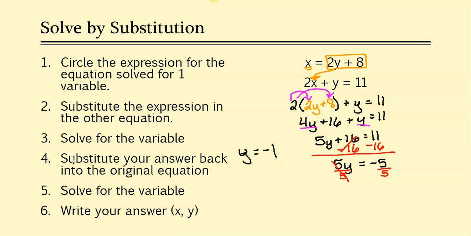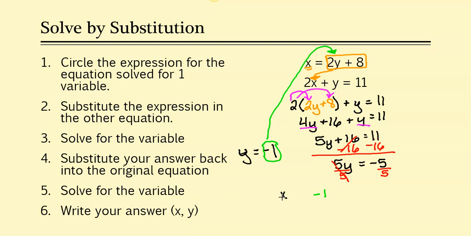So now in step 4, I'm going to take that negative 1 and put it back into the original. Again, I highly recommend going with the one that you circled. So I am going to put that y in here. That's going to be a negative 1 that I'm going to put in. But again, notice that I've got a 2 outside of that.